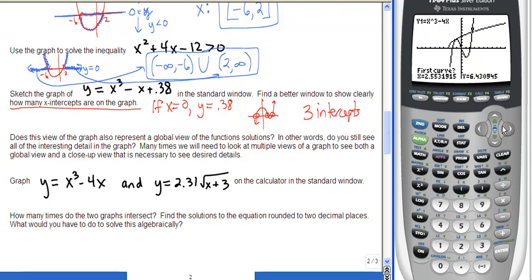Once you get it as close as you can get, and it's telling you which curve you're on right up here at the top, hit enter. And now it's asking, what's the second curve that you want to intersect it with? If you move your cursor left, you'll see that now you're moving on that square root curve. And I'm going to move it right as close to that intersection point as I can get. Hit enter.